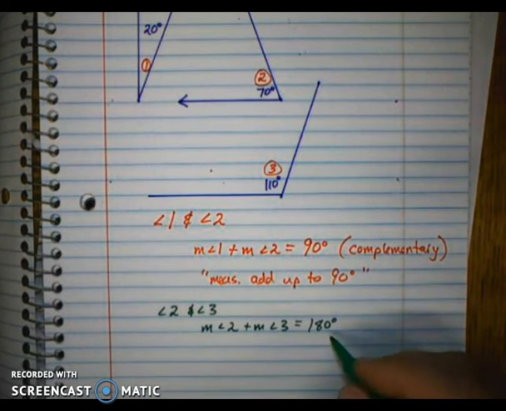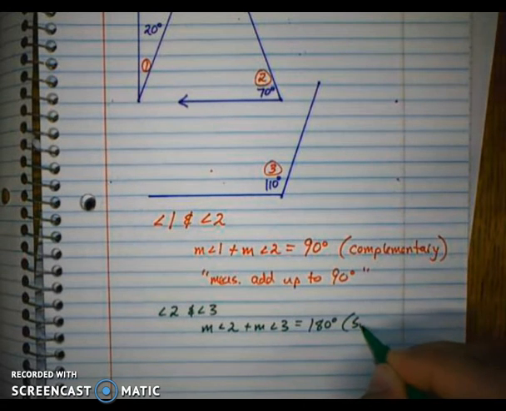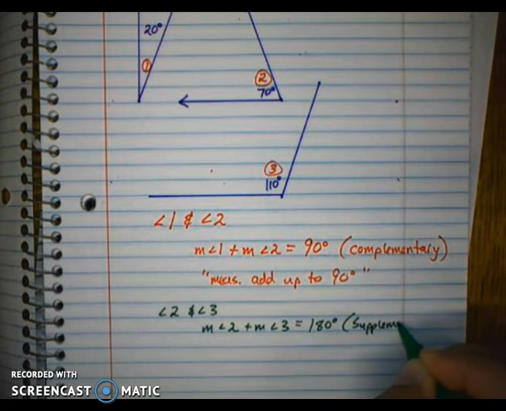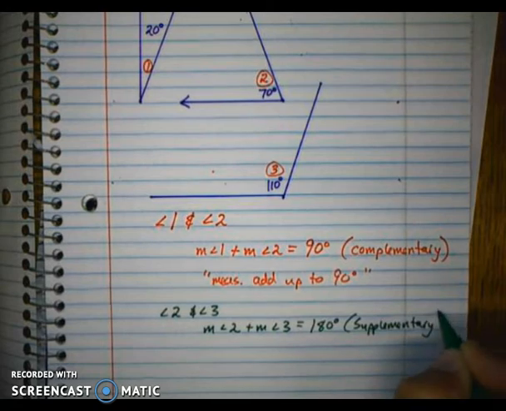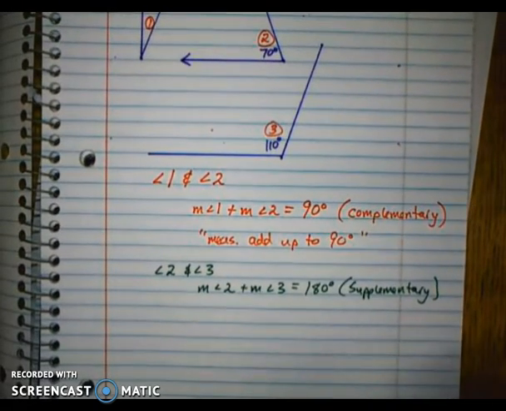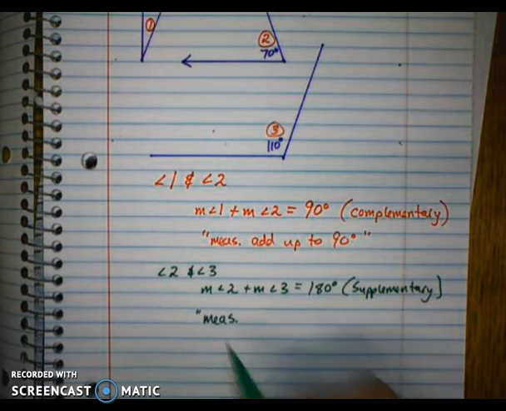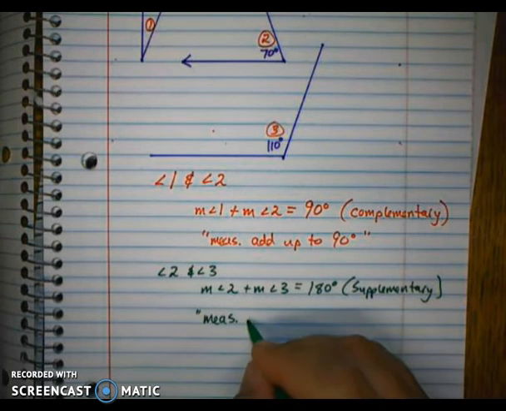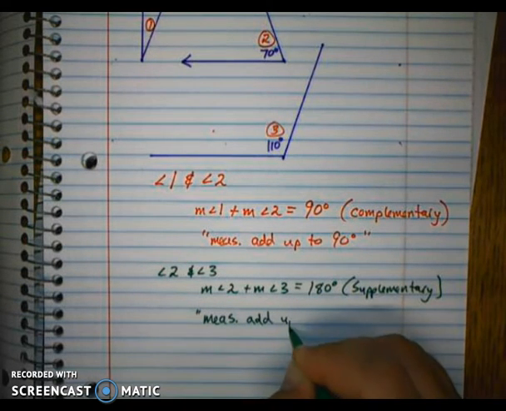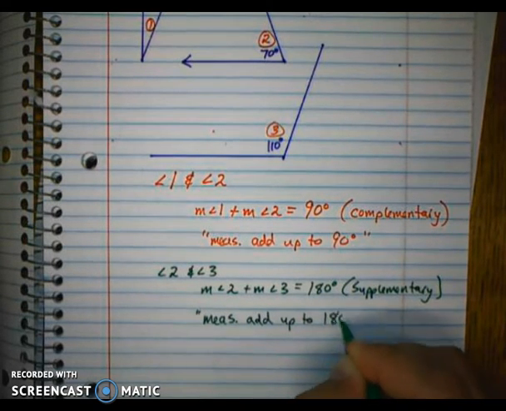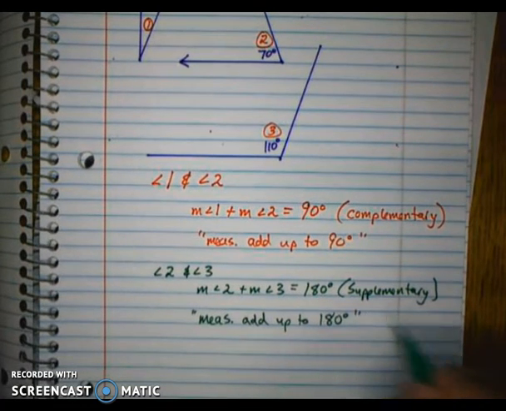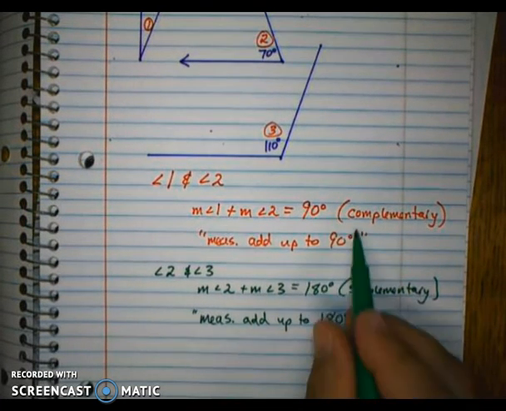And we call those kind of angles supplementary. Supplementary angles have measures, MEAS period is my abbreviation for measure, by the way, that add up to 180 degrees. So that's the difference in complementary and supplementary.